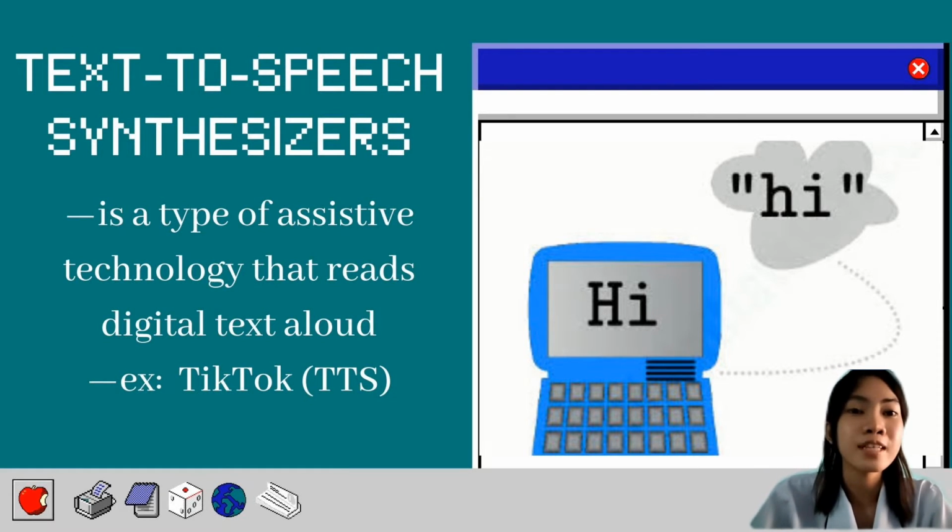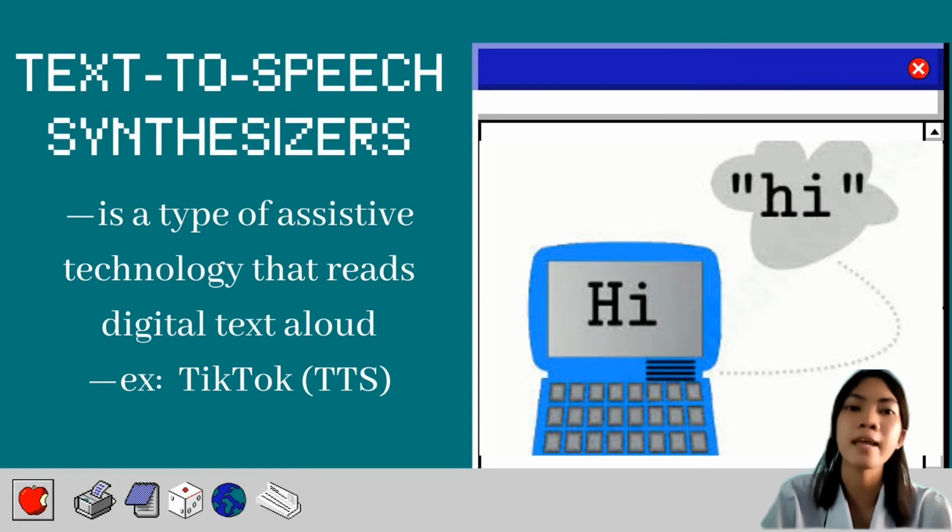From the word itself, text-to-speech, it means unlike the speech recognition system where the spoken words are turned into printed words, in text-to-speech synthesizers, the assistive technology or the AI reads the digital text aloud.